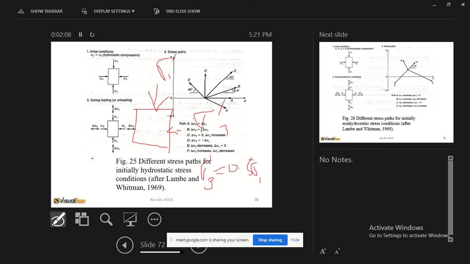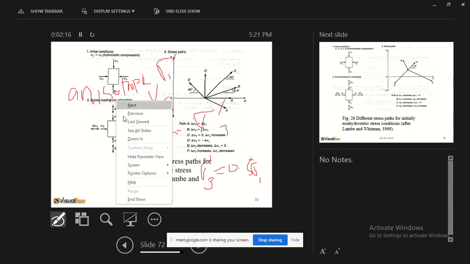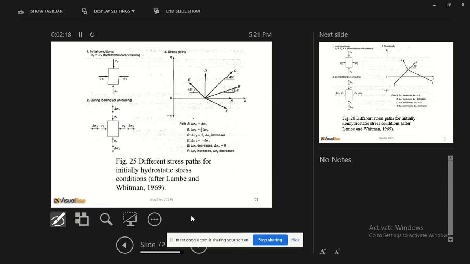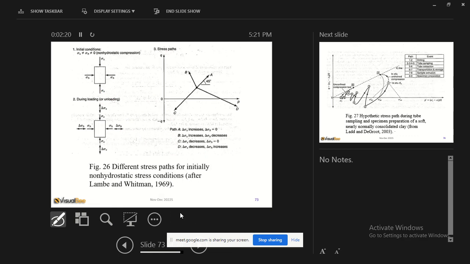Now this condition is called anisotropic or non-hydrostatic, as we will see in the next condition. So here the initial condition, the sigmas are different.